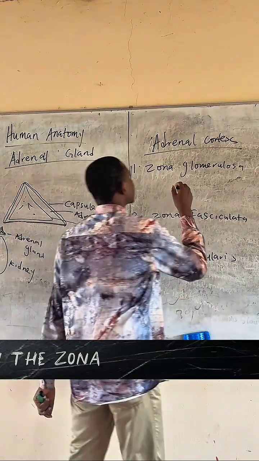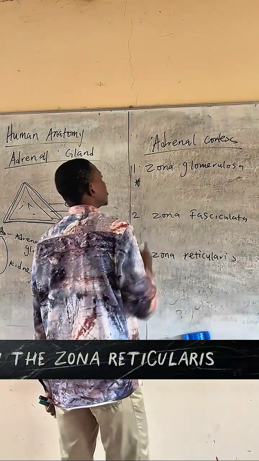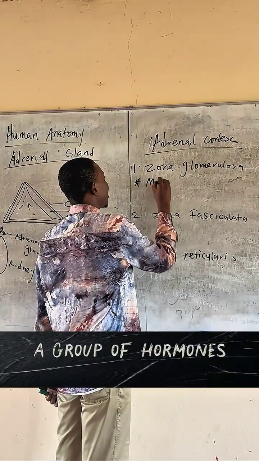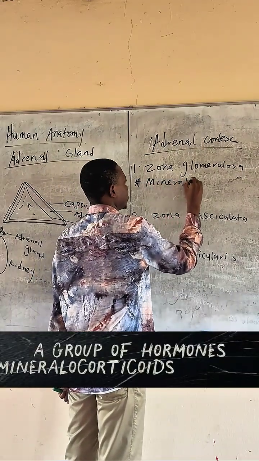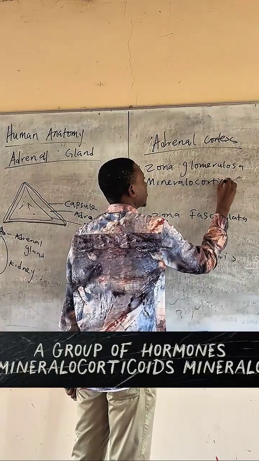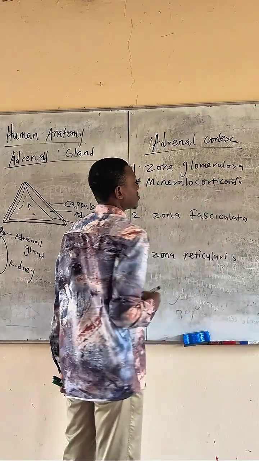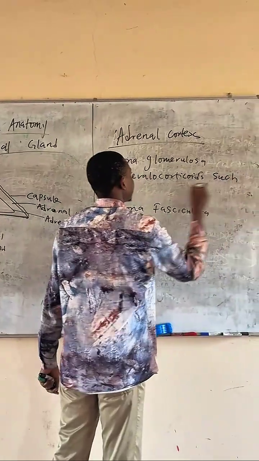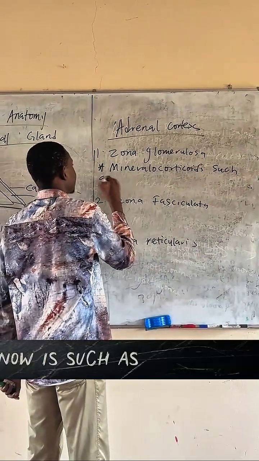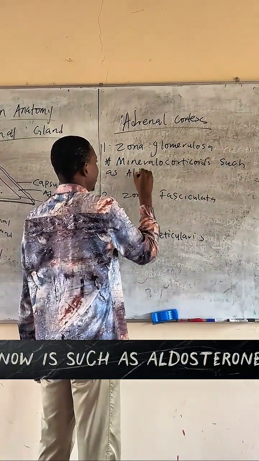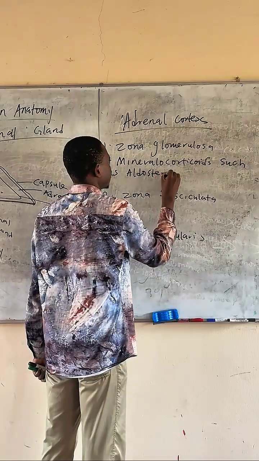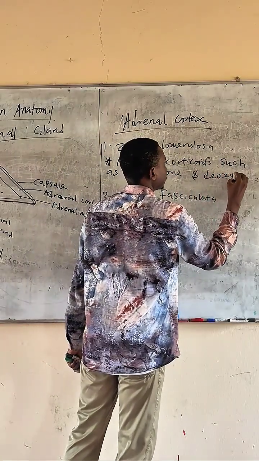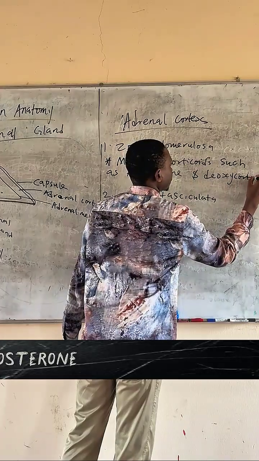Now, the zona glomerulosa produces a group of hormones known as mineralocorticoids. So these mineralocorticoids are such as aldosterone and deoxycorticosterone.